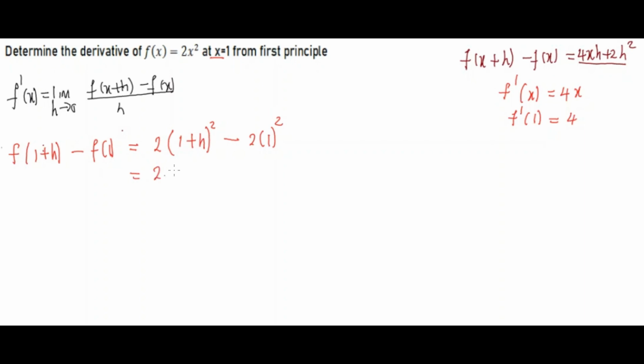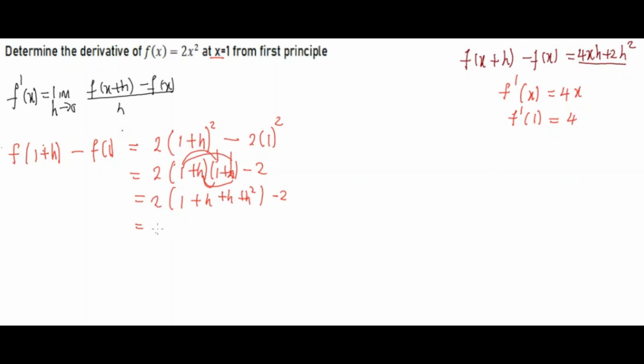So this one will become 2 times 1 plus h times 1 plus h, minus 2. So here you're going to have 1 times 1 is 1, and h times 1 is h. Then 1 times h is h, and h times h is h squared.